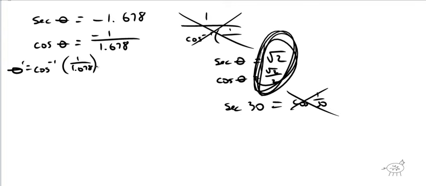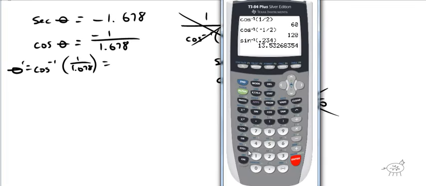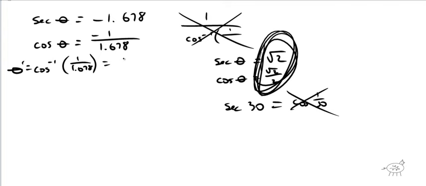Okay, and that gives us, if I do that, let's show the calculator here, inverse cosine of 1 divided by 1.678. It's always good to close parentheses too. It's a good habit. And we get 53.4 degrees. Okay, so 53.4 degrees, that's a reference angle.